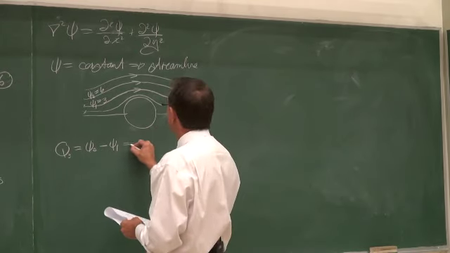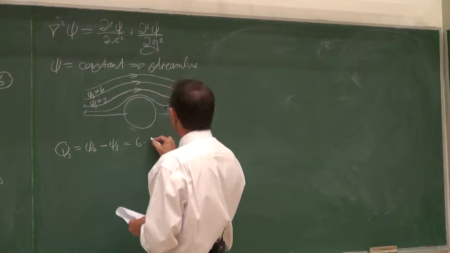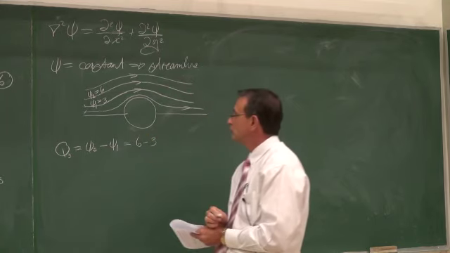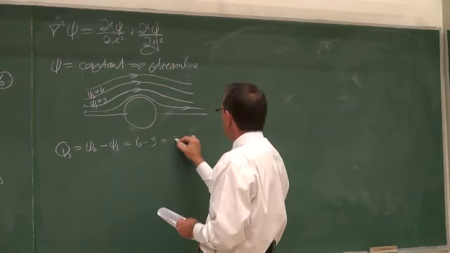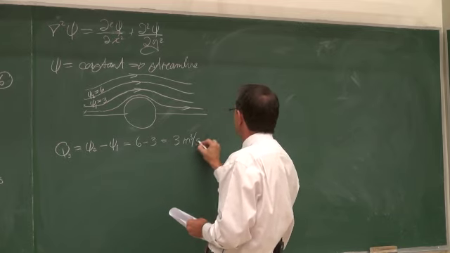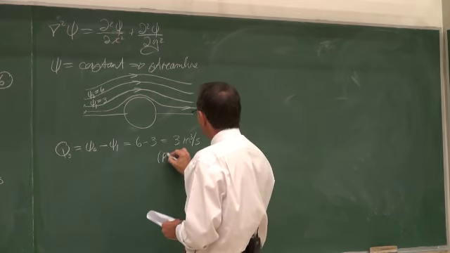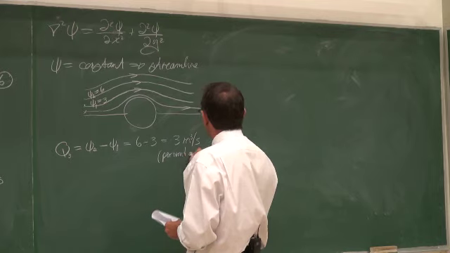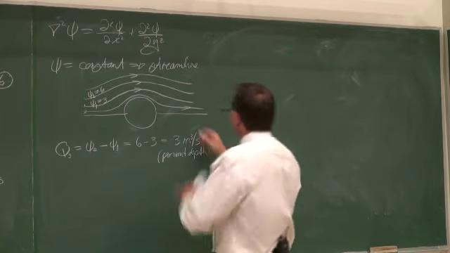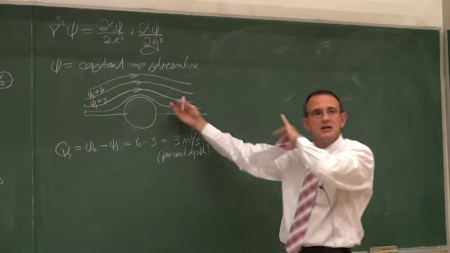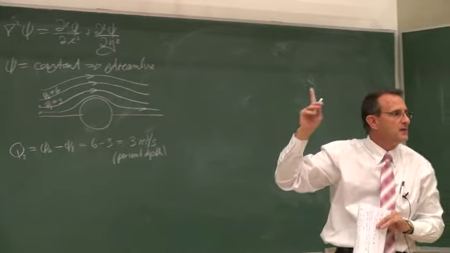Now C2 would be equal to 6, C1 would be equal to 3, so it would be equal to 3 cubic meters per second. And that would be per unit depth. So that would be if in the Z direction, the height is 1 meter.